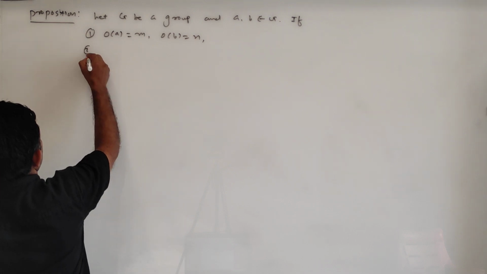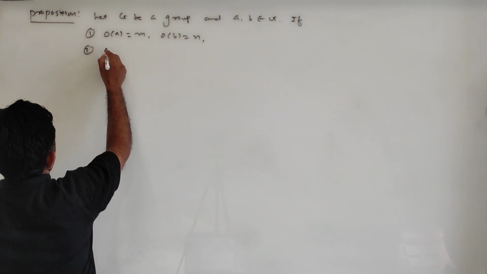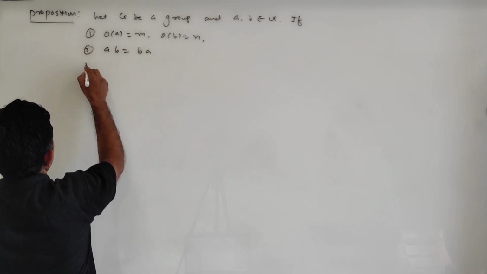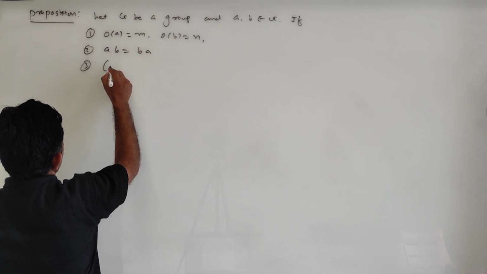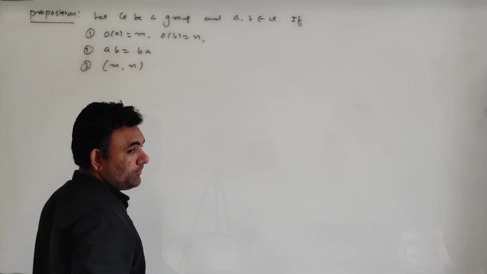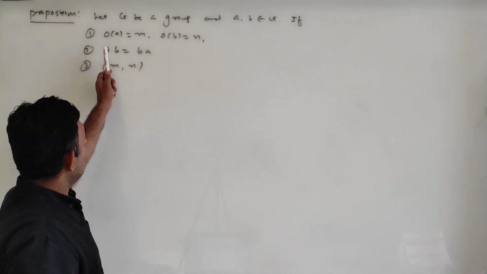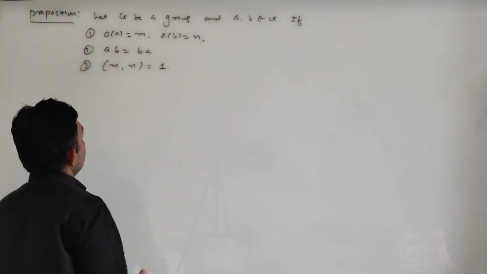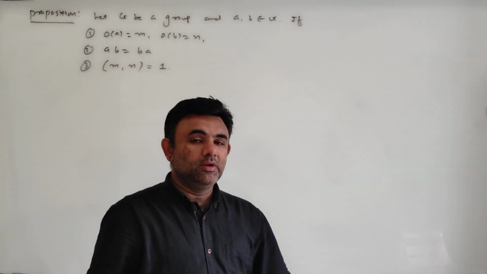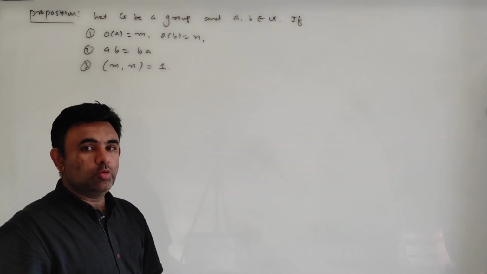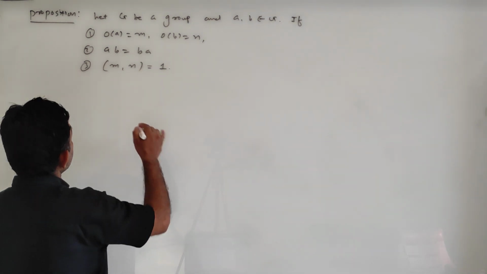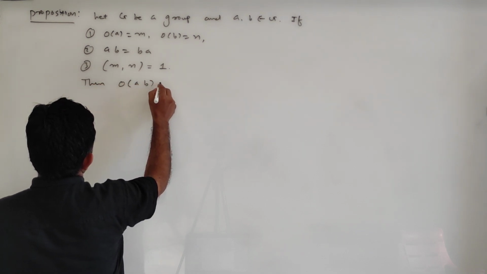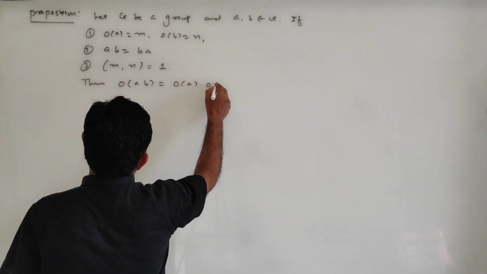Second thing, ab is equal to ba, and third thing, GCD of m and n, meaning GCD of order of a and order of b, is 1, meaning order of a and order of b are relatively prime, they are co-prime. Then order of ab is equal to order of a into order of b.